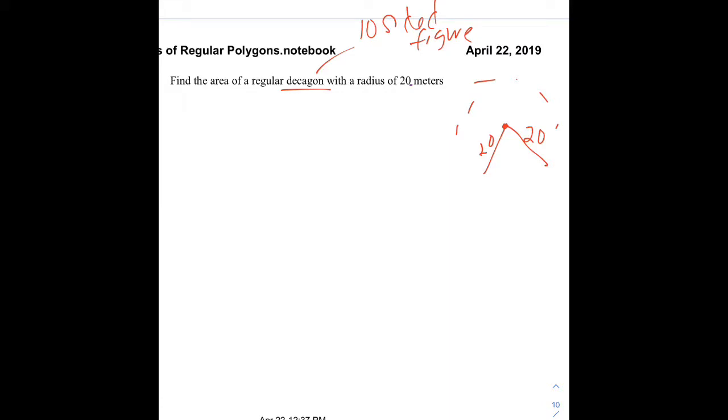And I am going to have to fight for two things in this problem. If our formula is the area equals the apothem times the side length times the number of sides over 2, the only thing the problem gave me was the number of sides, which is 10. So we have to fight for the apothem and the side length.